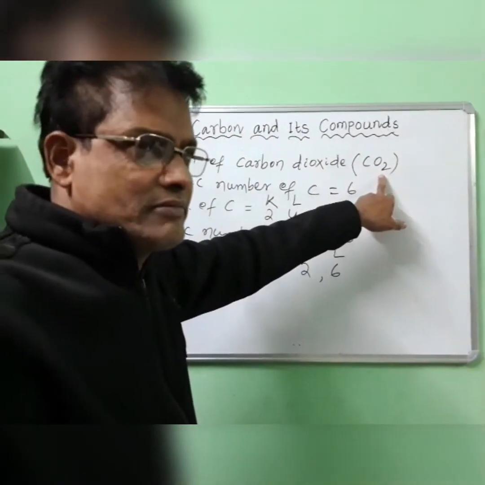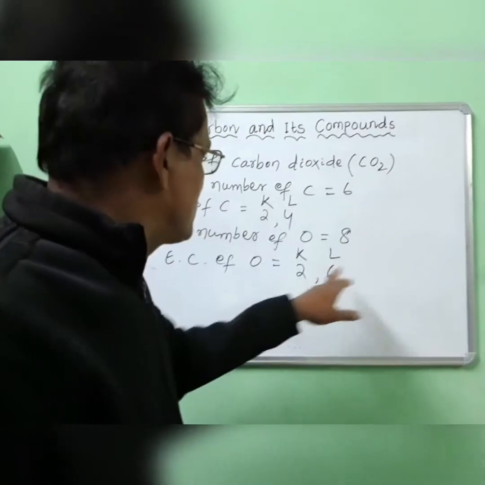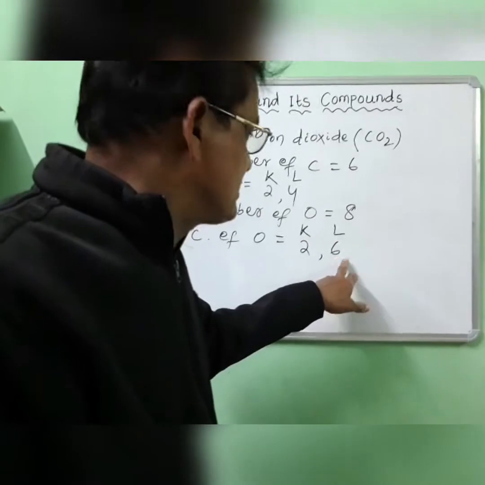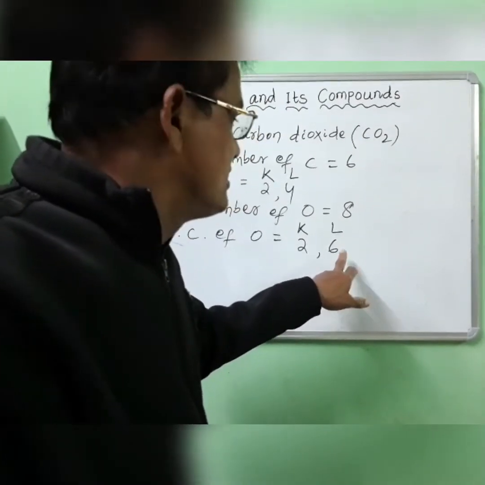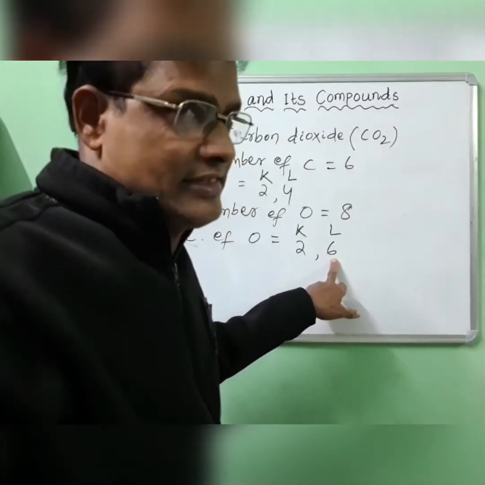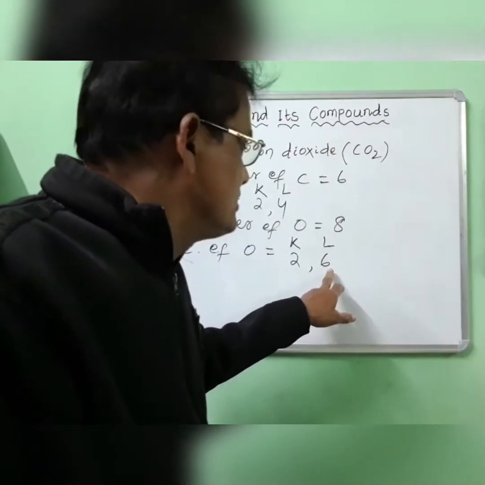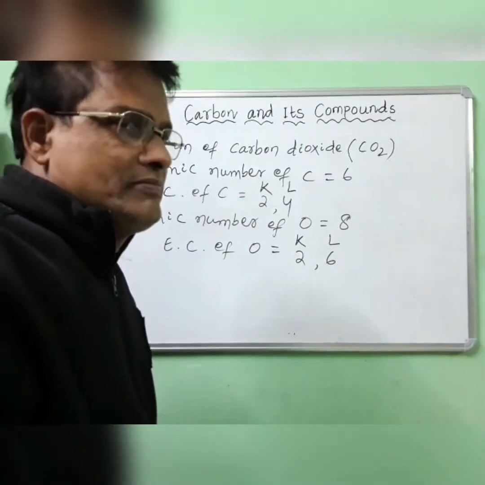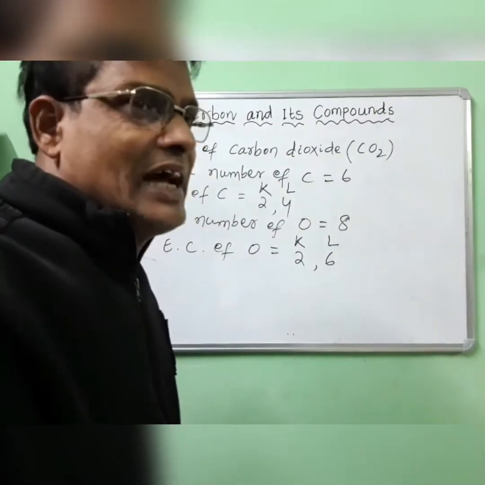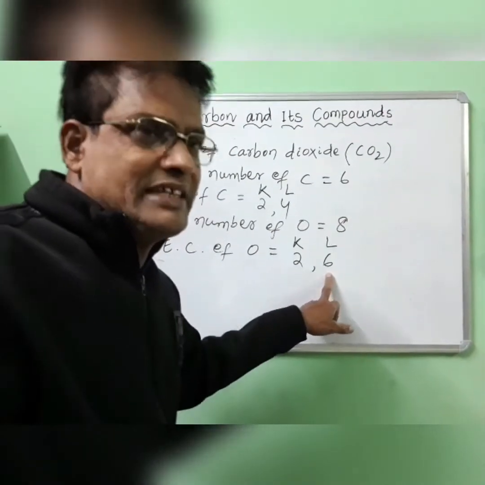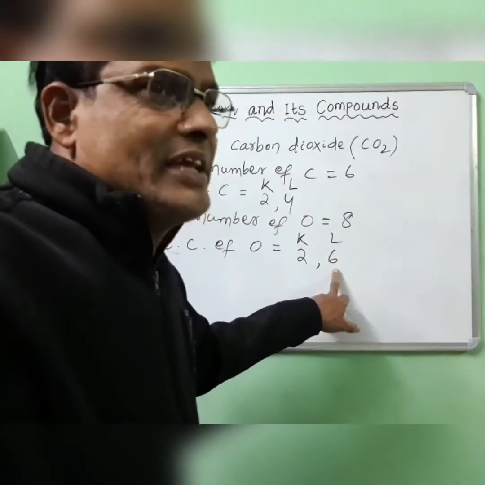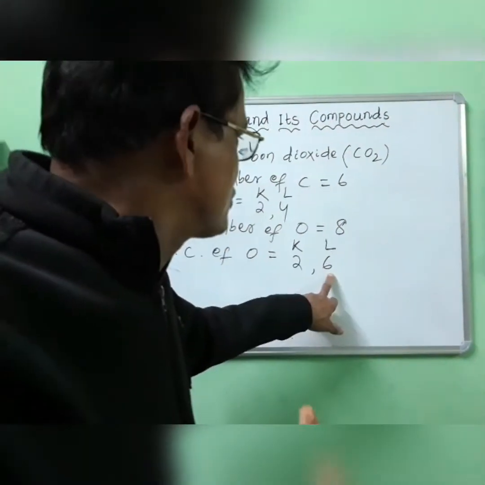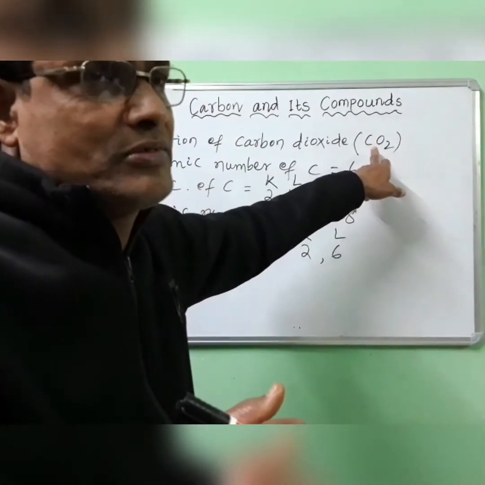On the contrary, each oxygen atom has 6 valence electrons. That is, it has 6 electrons in its outermost shell. So each oxygen atom achieves its octet by sharing its two electrons with the carbon atom.